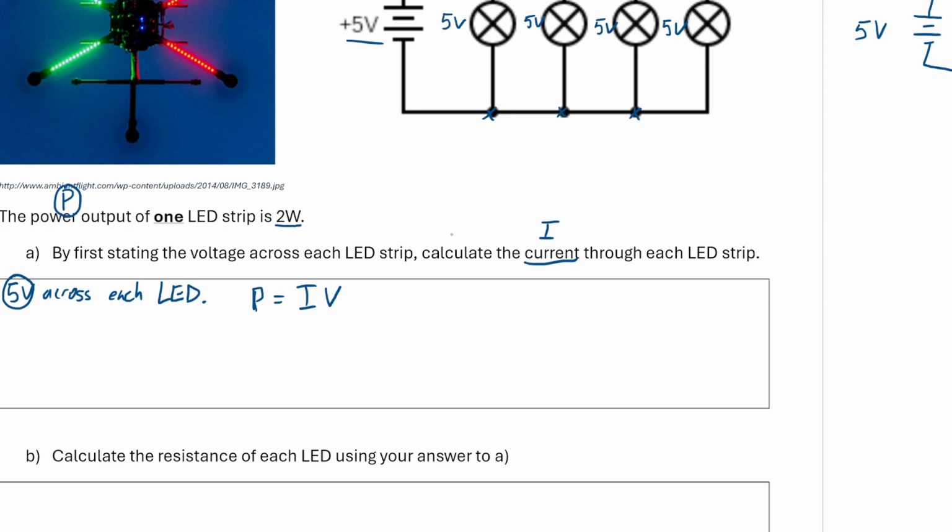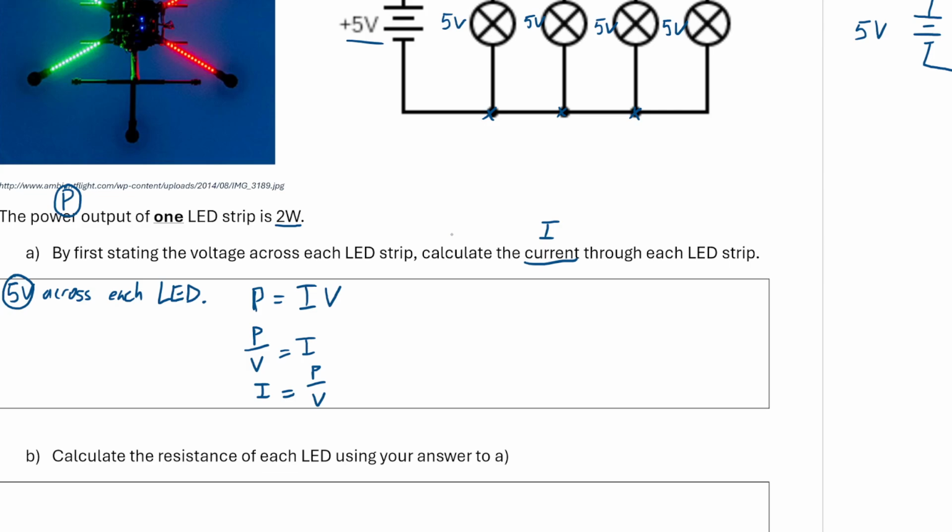So let's rearrange for current. We want current by itself, so we need to divide by voltage: P divided by V equals current. Conventionally we write the unknown on the left, but it's just swapping it. So current is power divided by voltage.